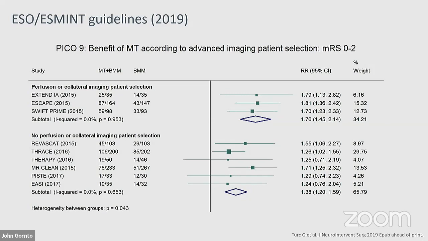This is an analysis that we did for these guidelines, and it actually shows what you know already, that if you use a collateral imaging patient selection or perfusion imaging selection, the benefit of thrombectomy is higher than if you don't select your patients with these advanced methods. So no doubt about this.